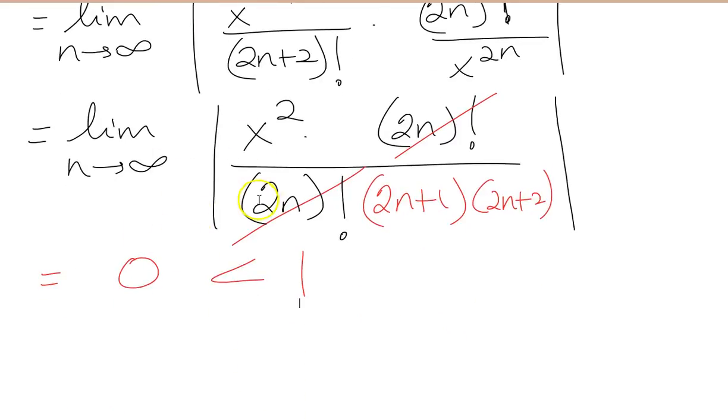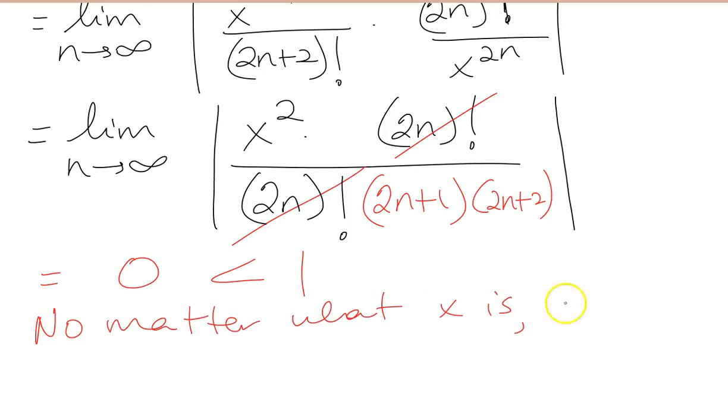So no matter what x is, the limit is less than 1. So guys, what I'm going to say is, no matter what x is, the series converges, because the limit here is less than 1.